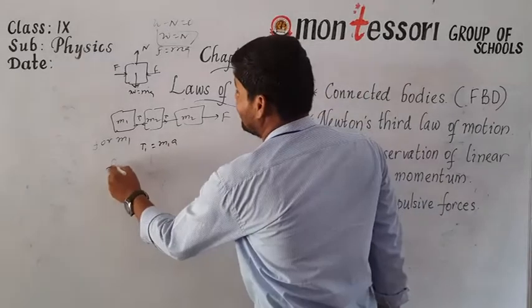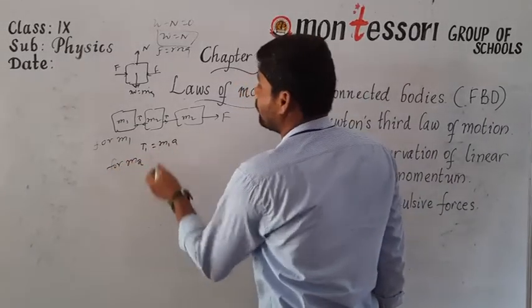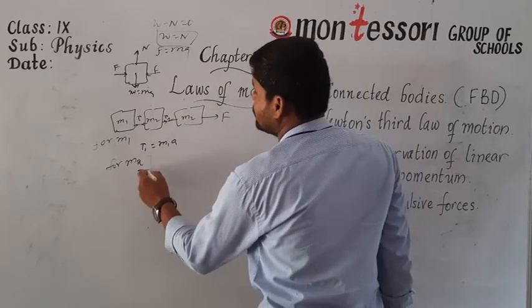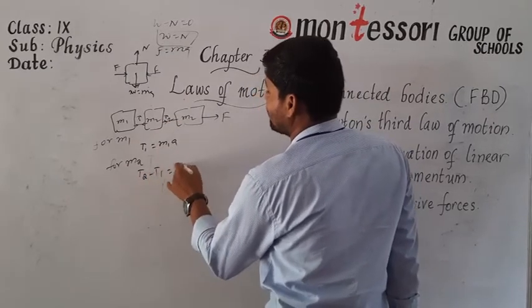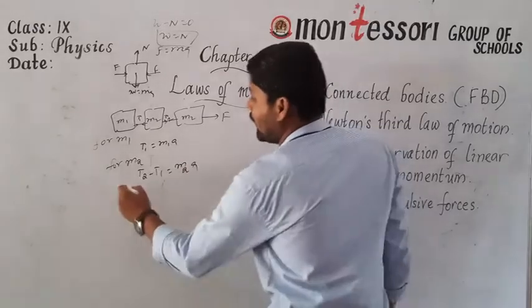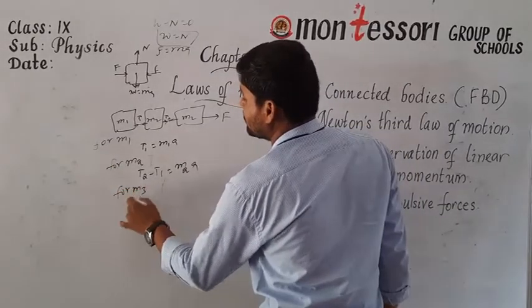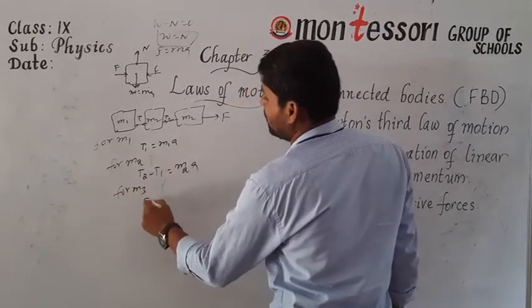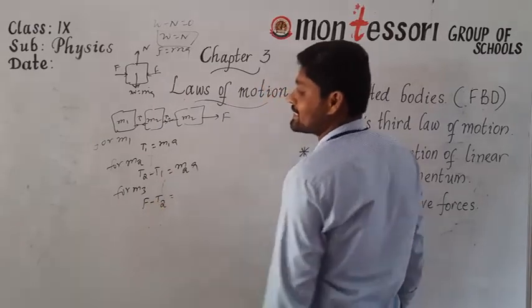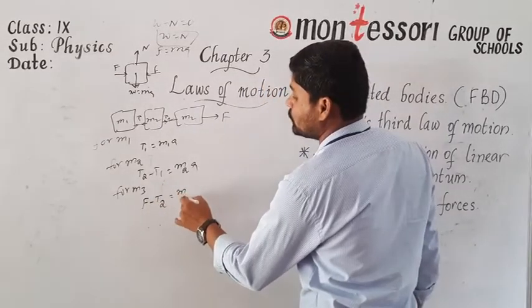Then for m2, T2 minus T1 is equal to m2 into a. And for m3, F minus T2 is equal to m3 into a.